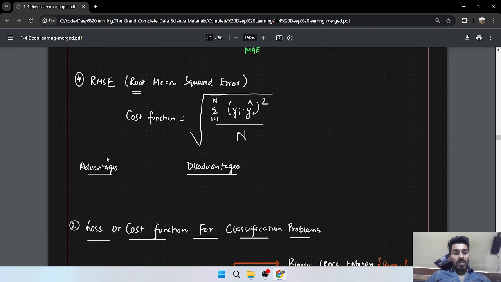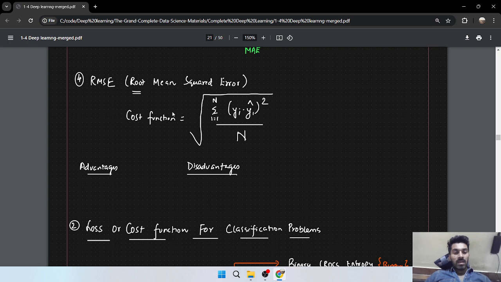The advantage is that it is squared and under root also, so our function will not be impacted by outliers.